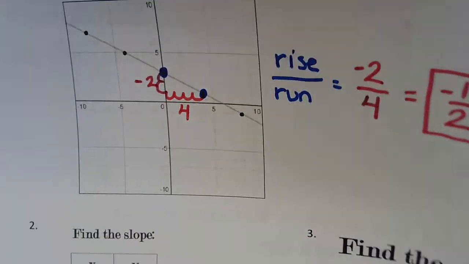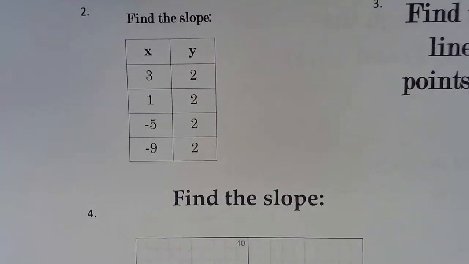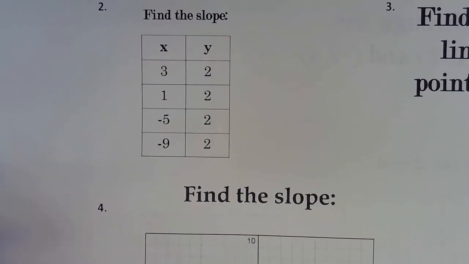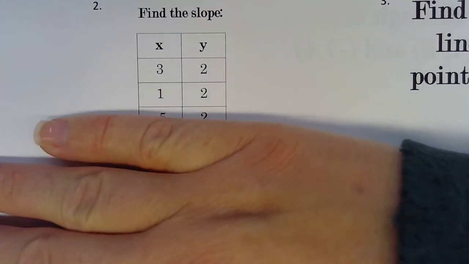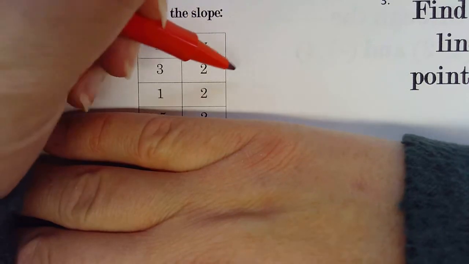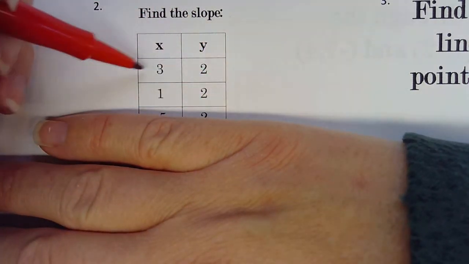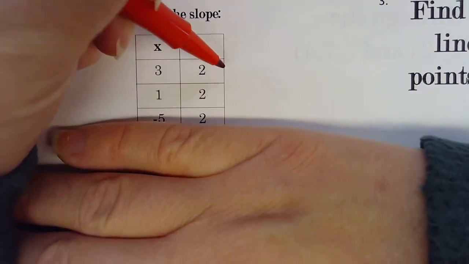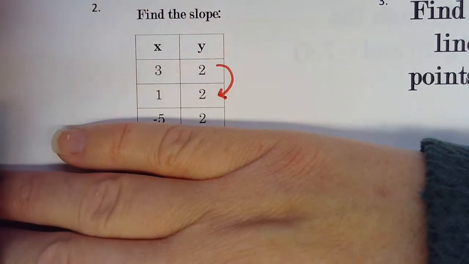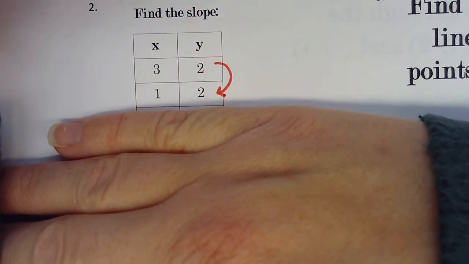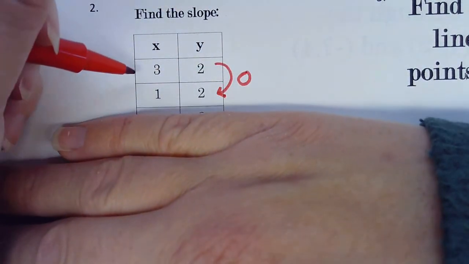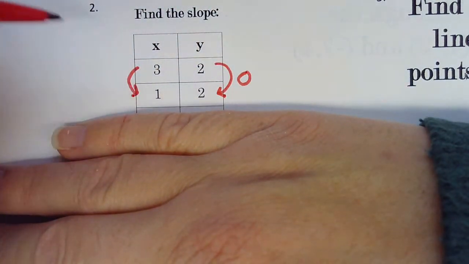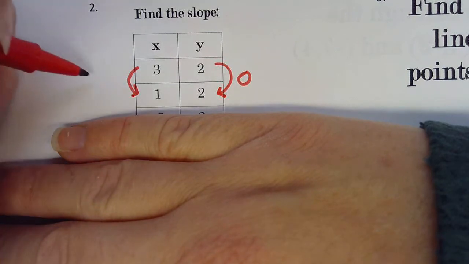Let's take a look at another table. So when you are dealing with the tables, you have to pick 2 points. So I'll just always pick the top 2. Figure out how is y changing, how is x changing. So y goes from 2 to 2. So how does y change? 0. And then from 3 to 1, -2.